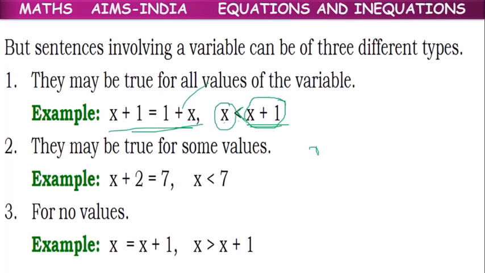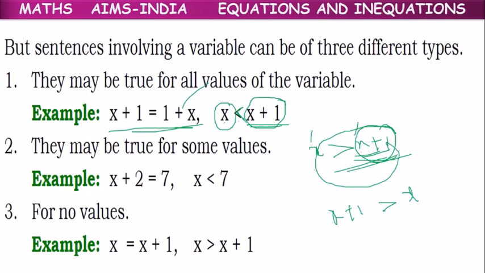Suppose x is greater than x plus 1, which is not possible, because here also x is there. If we add x to 1, x plus 1 will always be greater than x. But x greater than x plus 1 is not possible. So x will always be less than x plus 1.